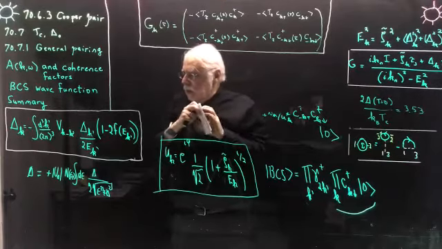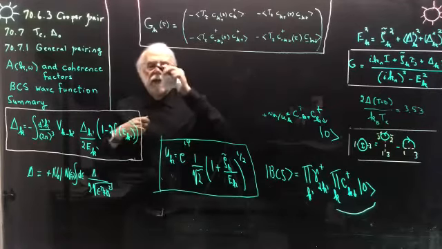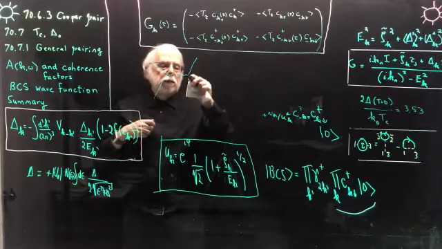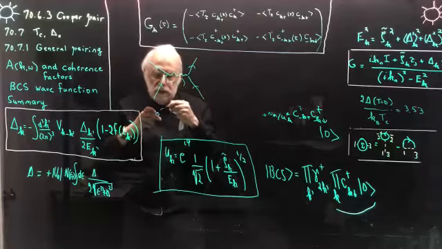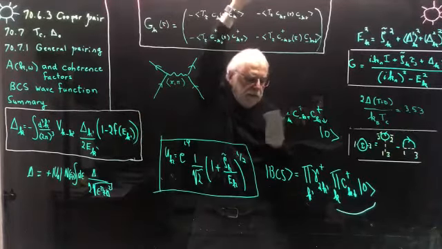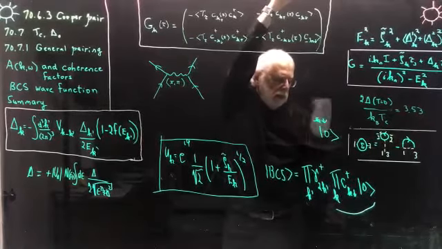Well, suppose you have, instead of a phonon here, a spin wave. And suppose that spin wave is an antiferromagnetic spin wave, so it is peaked at the wave vector pi over A, where A is the lattice spacing.